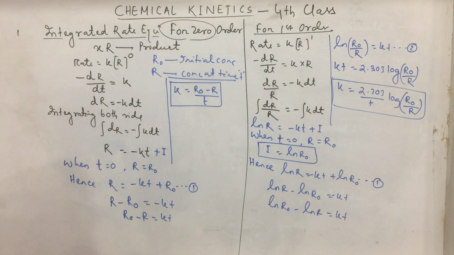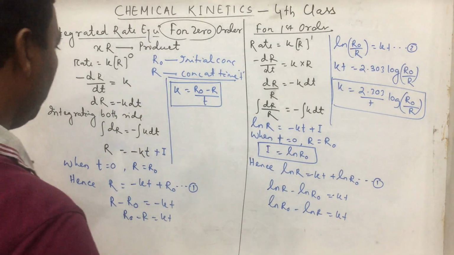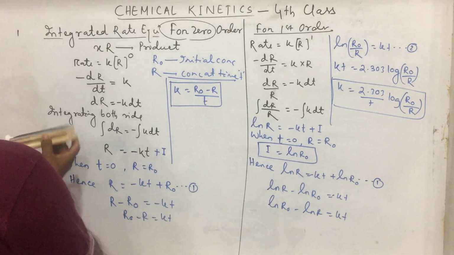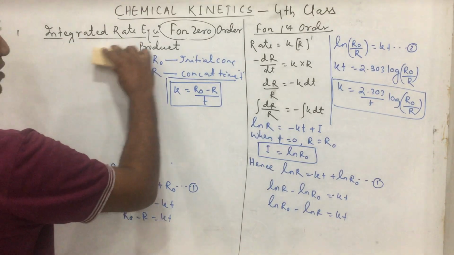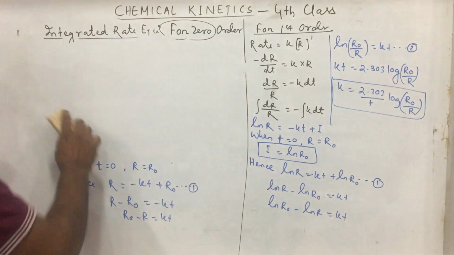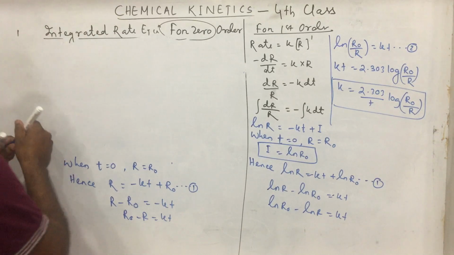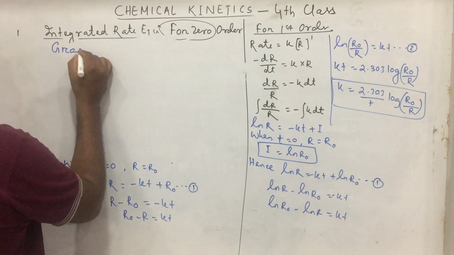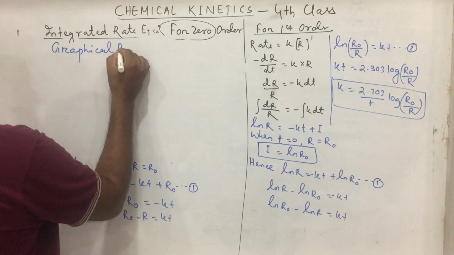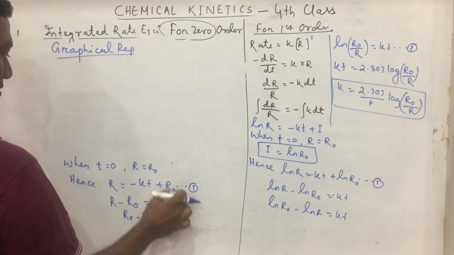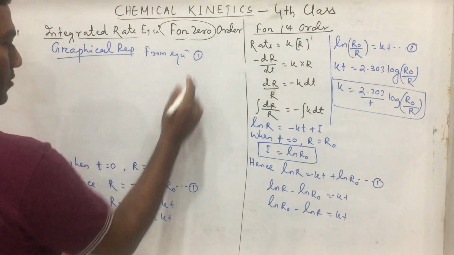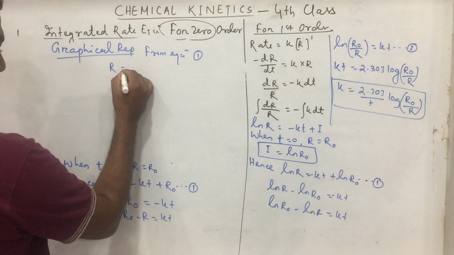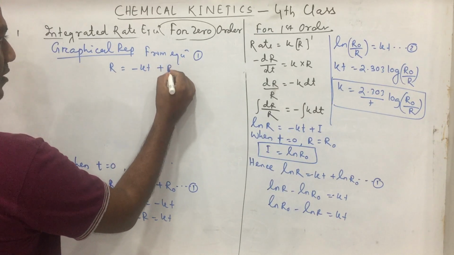Okay. Next, the graphical representation is there. First we will check the zero order graphical representation. In the zero order graphical representation, how can we represent it? From equation 1, you see, R equals minus Kt plus R naught.